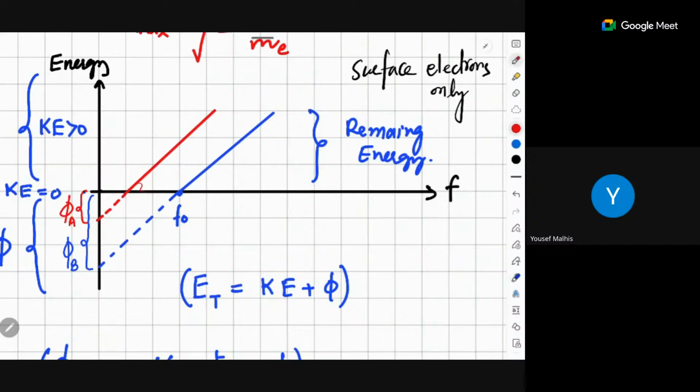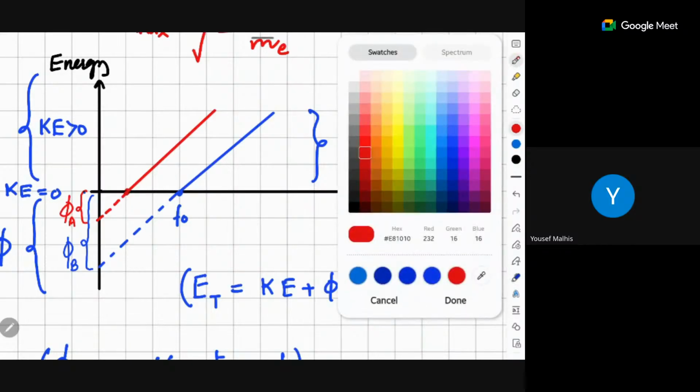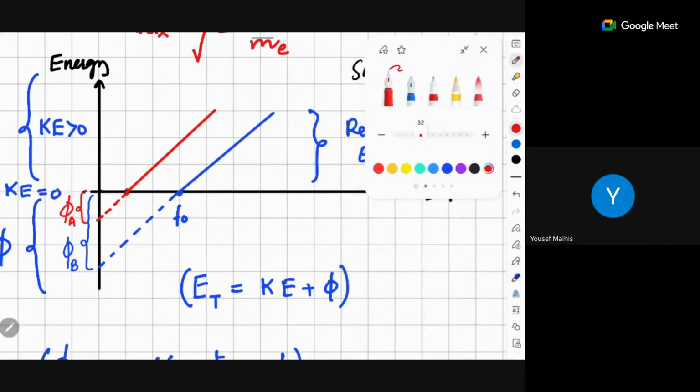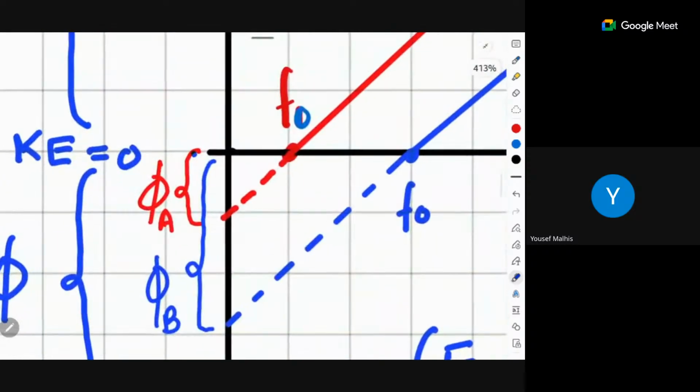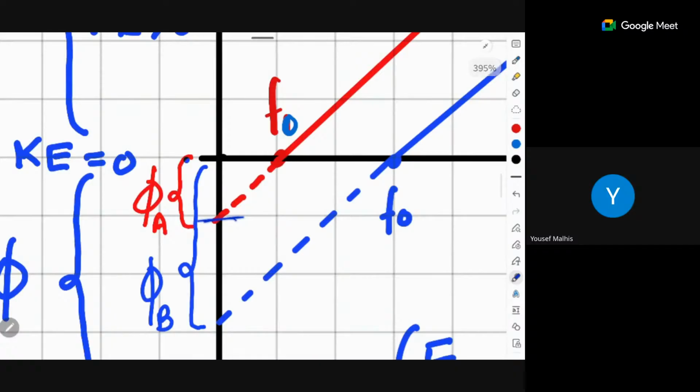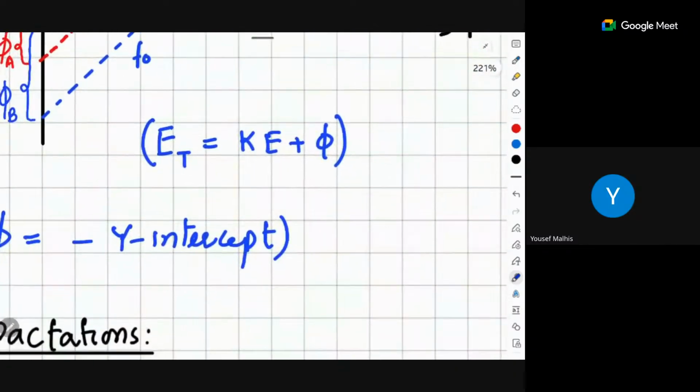But the point where the red line is showing is the threshold frequency of metal 1, and this one is the threshold frequency of metal 2. Let's call them metal A and metal B. Metal A has a smaller threshold frequency. That is why its work function is smaller also, and work function is equal to the y intercept.